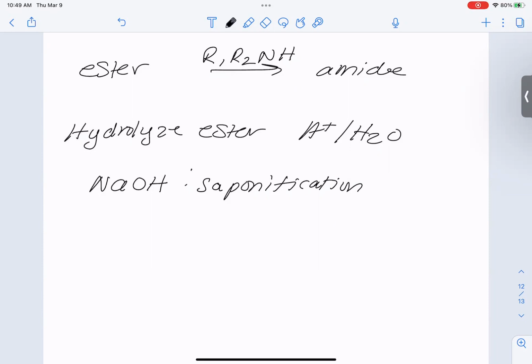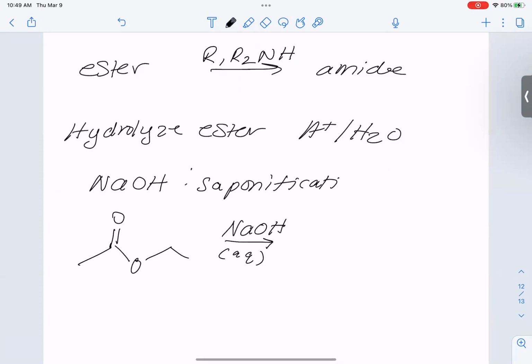So if I have an ester and I add NaOH, understand that this is aqueous, so there is water present. OH- is a strong nucleophile. I don't need to protonate. So I can add to the carbonyl, my electrons go up.